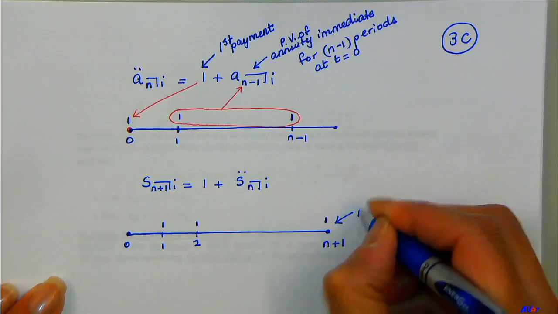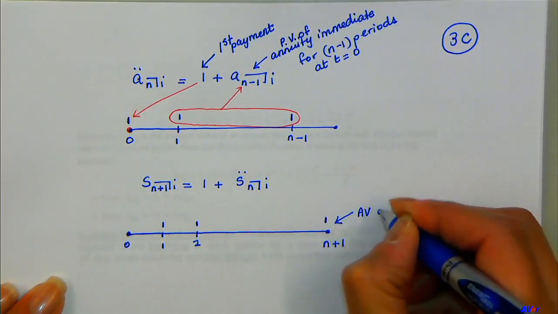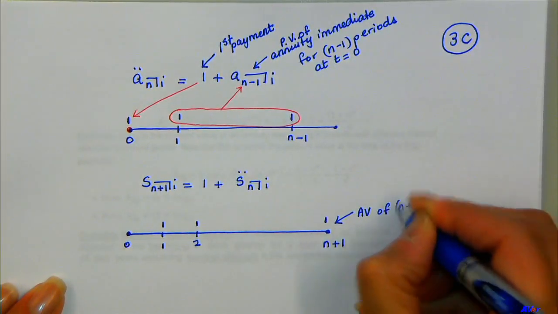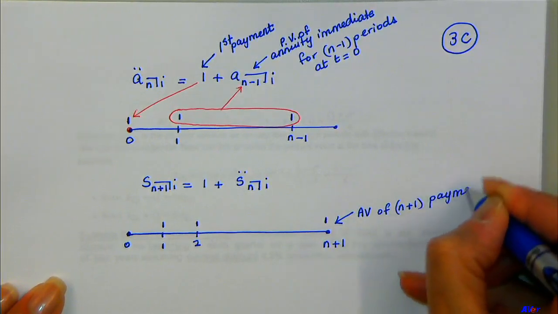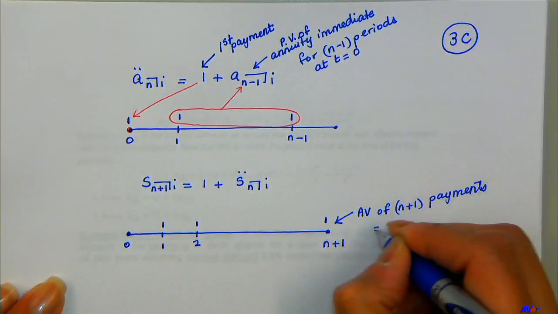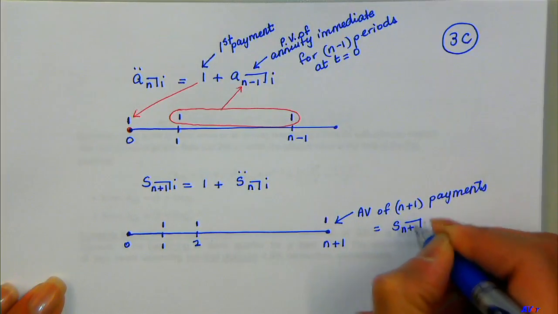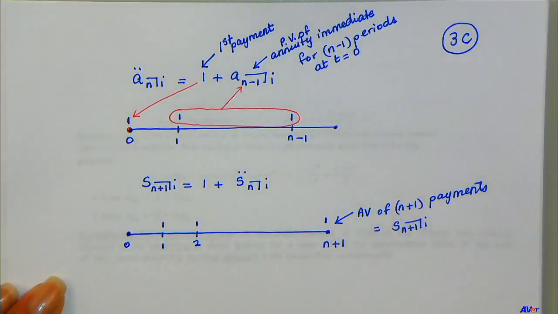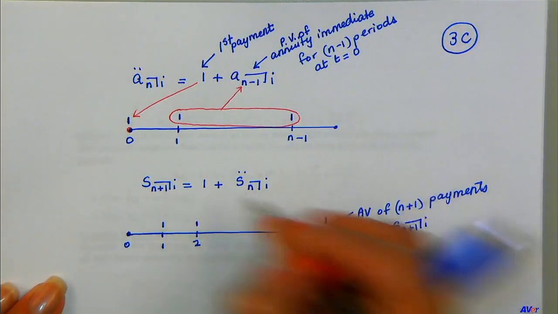This accumulated value here of n plus 1 payments is S angle n plus 1 I. So I'm claiming that this is equal to this one. This one is the last payment of 1.